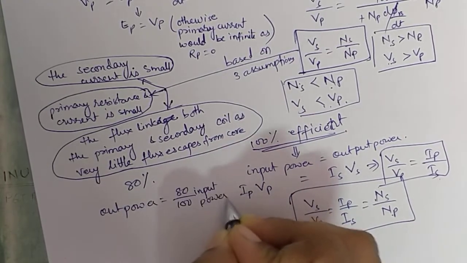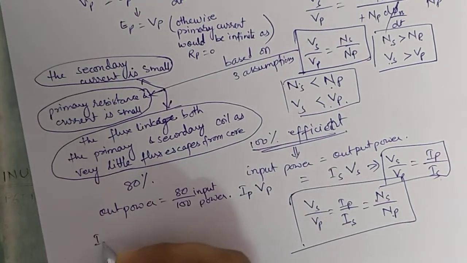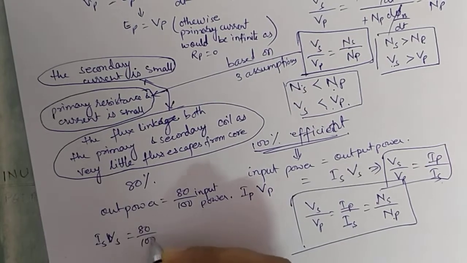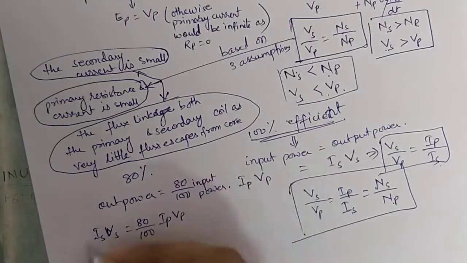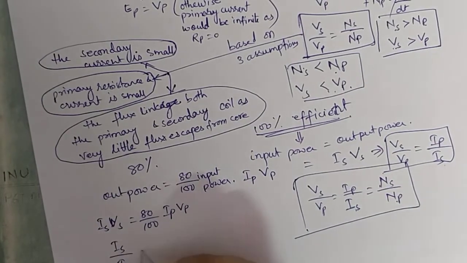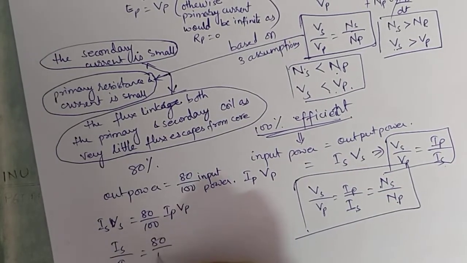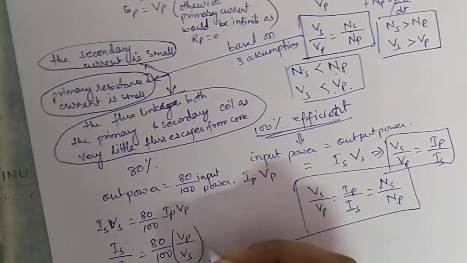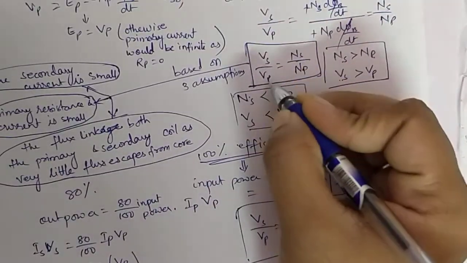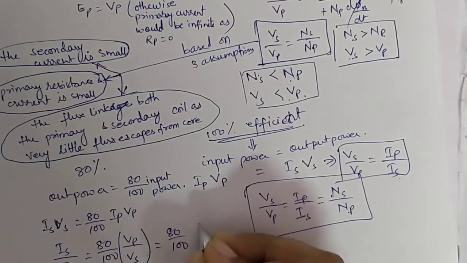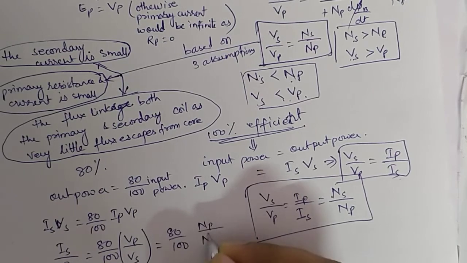Output power will be Is Vs, then 80 by 100 Ip Vp. So this expression you can use, and from here your Is by Ip will be equal to 80 by 100 Vp by Vs. Now for Vp by Vs you can use the expression: Vp by Vs will be Np by Ns, so I can write 80 by 100 Np by Ns.